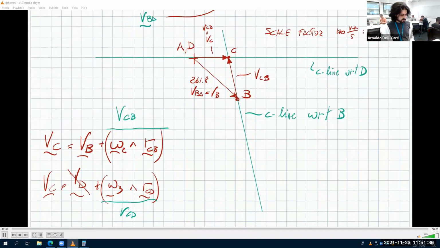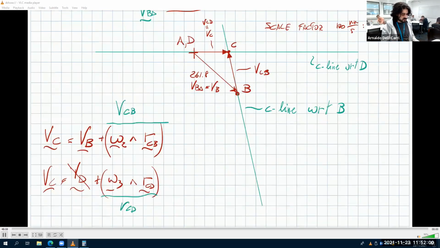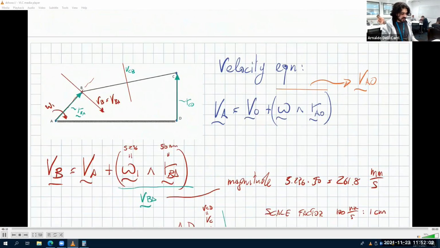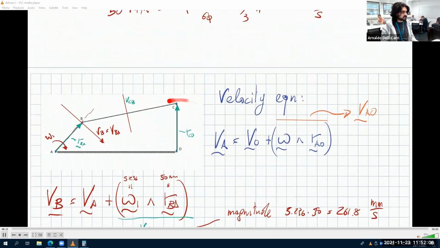This is a vector product of omega 3, which is either outside or inside the paper, we don't know, and RCD. RCD is vertical. So a vector product means it must be perpendicular to both. Perpendicular to omega 3 means it's in the plane. And perpendicular to RCD means it's horizontal.